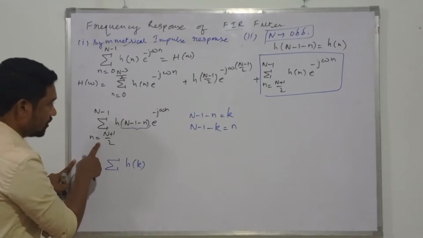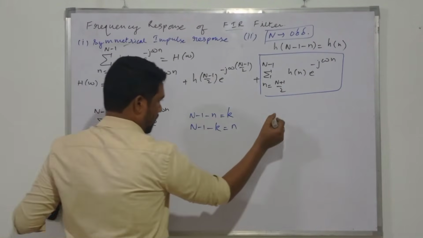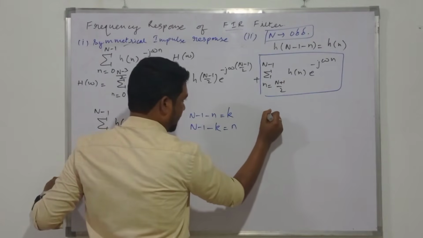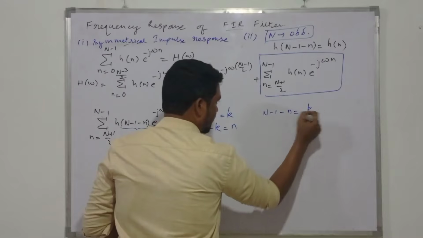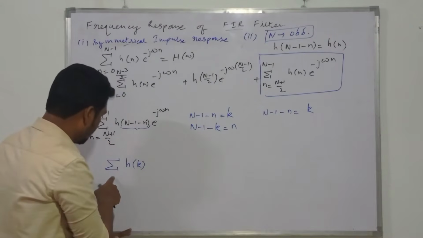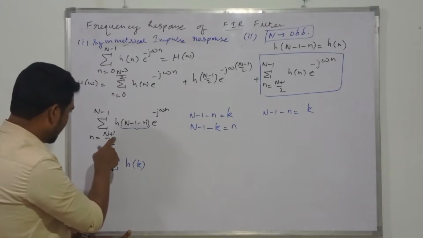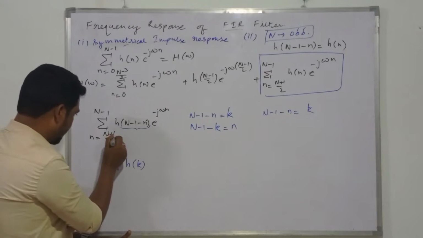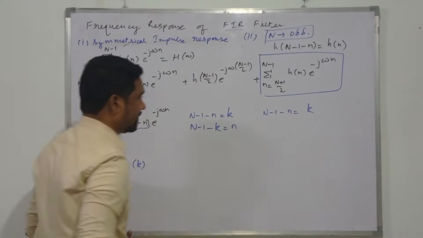So how to get that change in the limits? Considering this very expression, N-1-n equal to k. Now this equation gives us the lower limit and upper limit. When n equal to (N+1)/2, what is the k value?